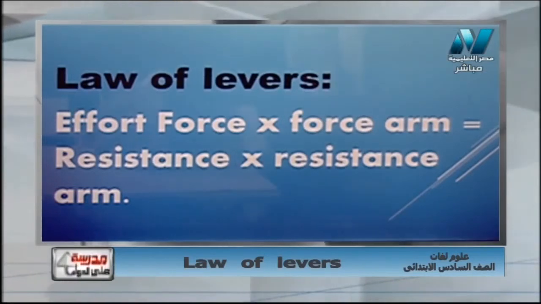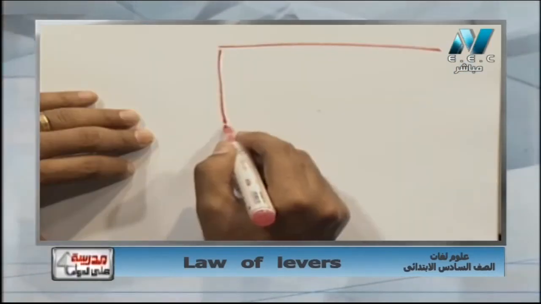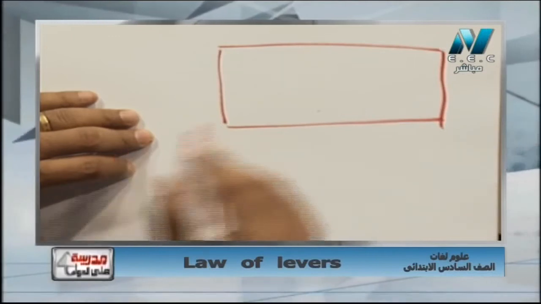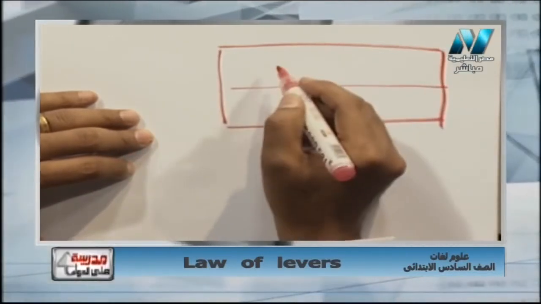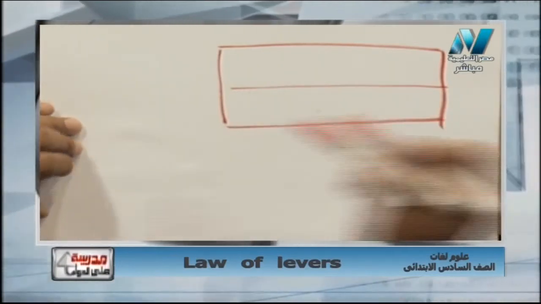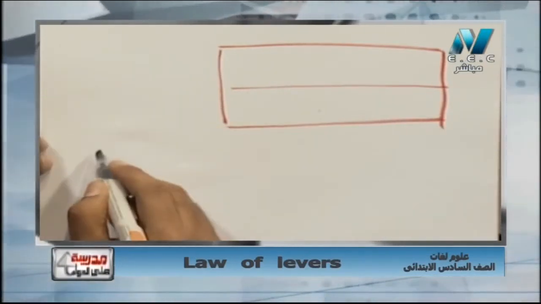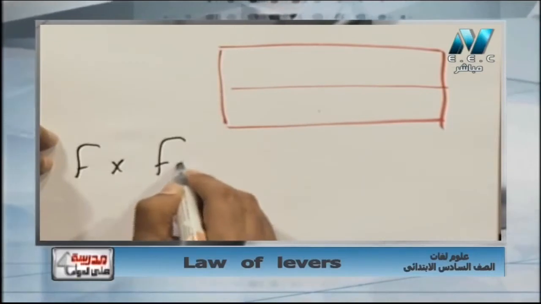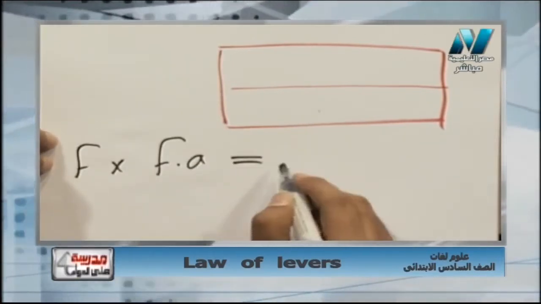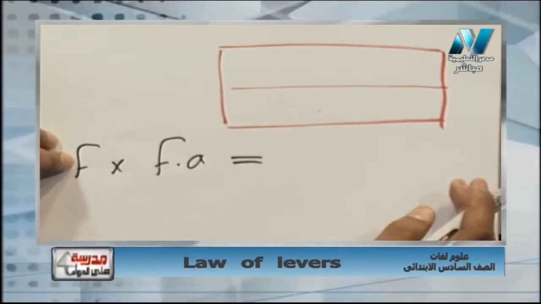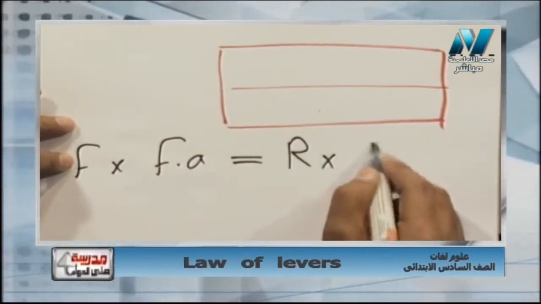So now, according to the questions in the exam, it's a good way to answer the question. I have, as I told you, my dear student, two sides. The first one is force times force arm. F dot A means force arm, abbreviation, equals the other side, resistance times resistance arm.